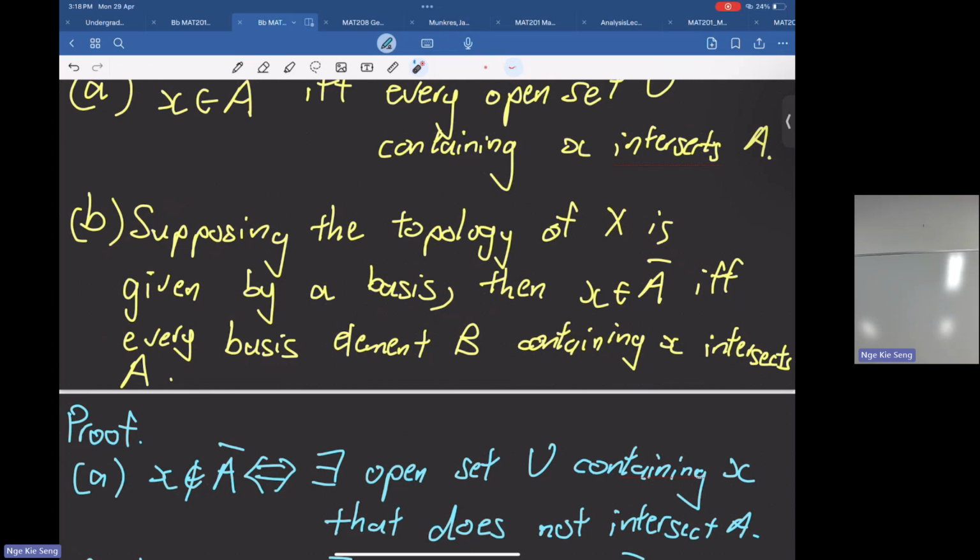This will help you check properties on the basis elements, because a basis element will give you that certain inclusion. Now let's finish the definition of Hausdorff and then we will end this class.